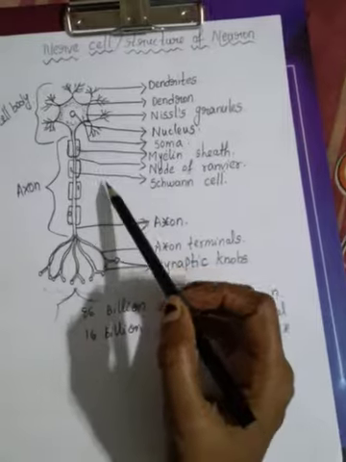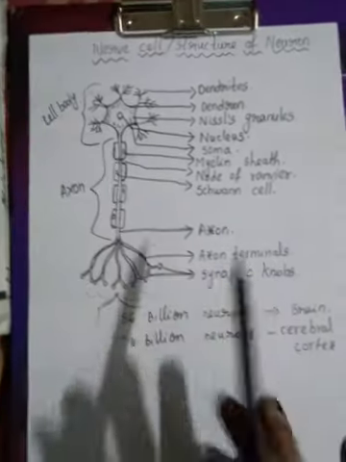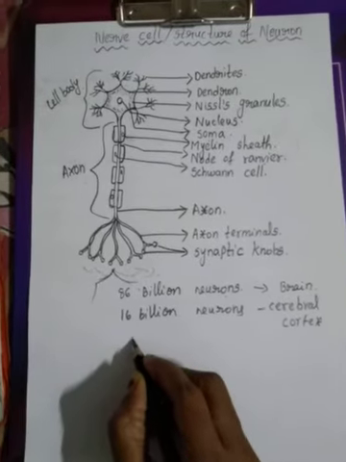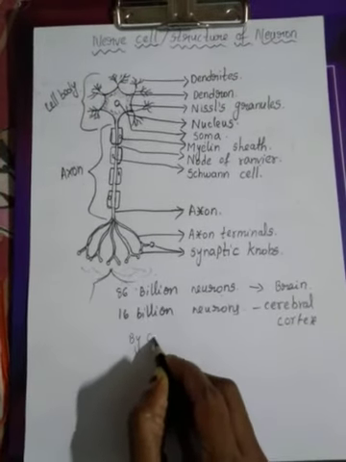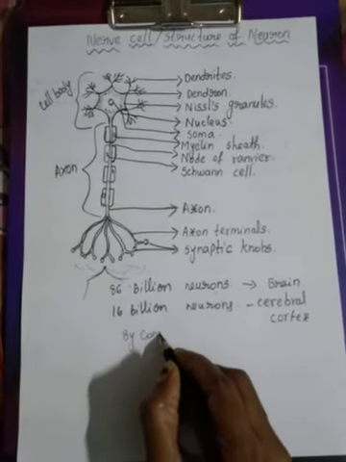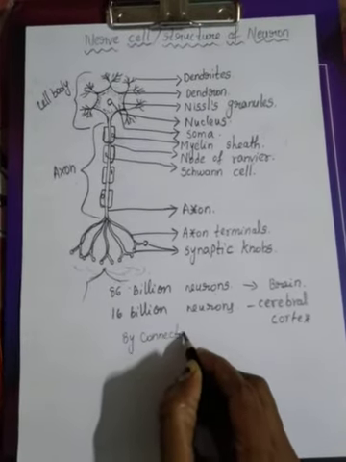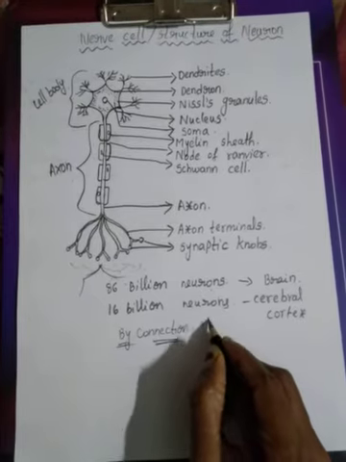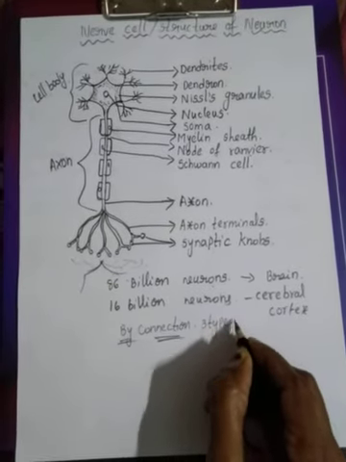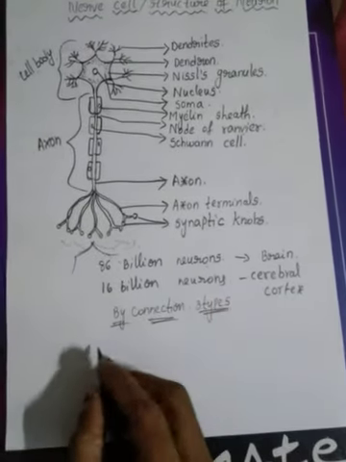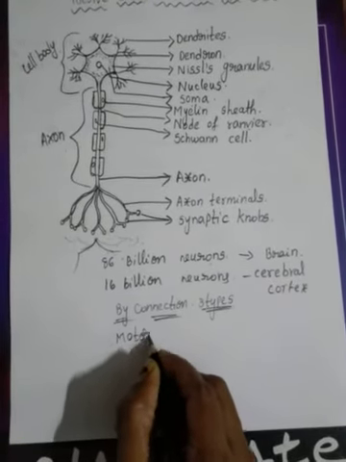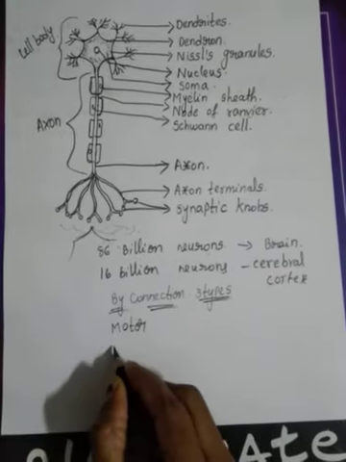Neurons are of three types, depending upon the connection. First one is motor neurons.